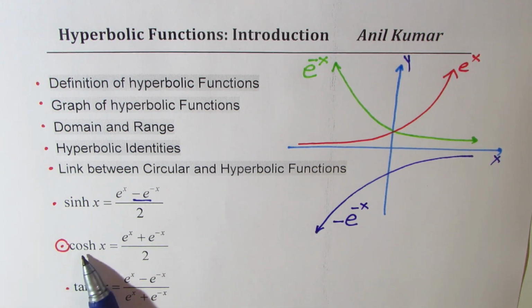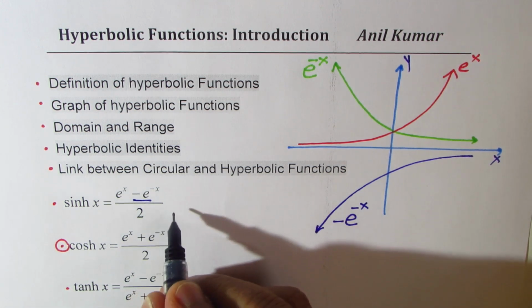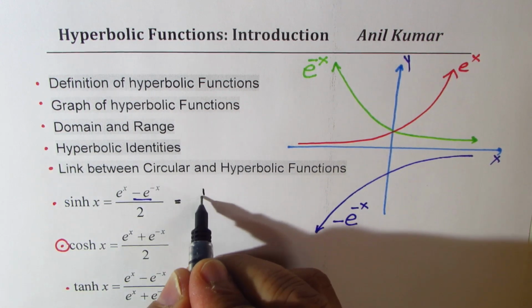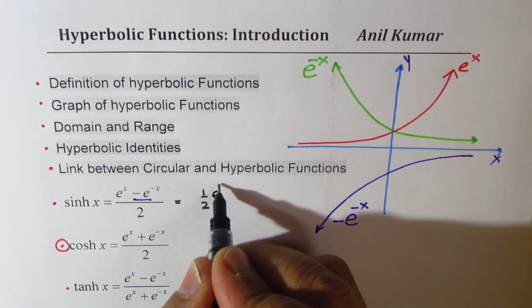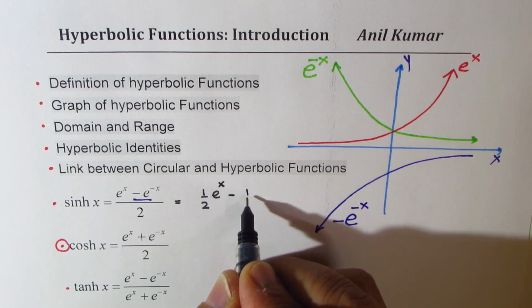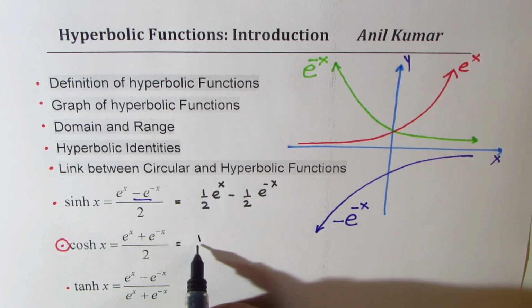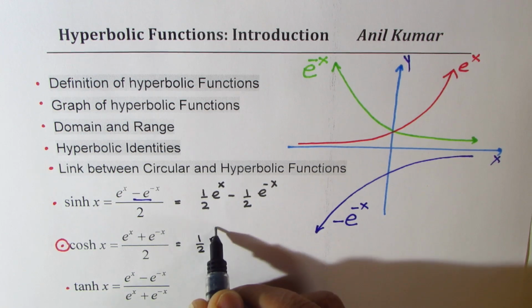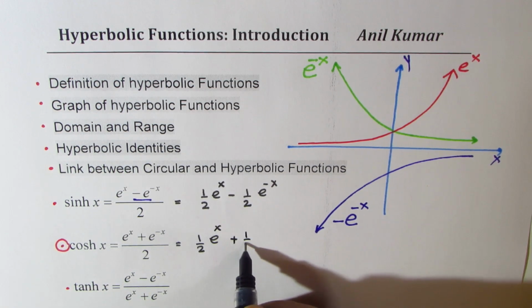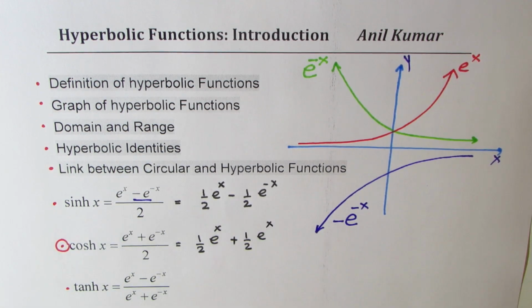We'll begin with cos hyperbolic x since it is the addition of these two. What I will also do is write this as half of e to the power of x minus half of e to the power of minus x, and this as a combination of half of e to the power of x plus half of e to the power of minus x, correct?